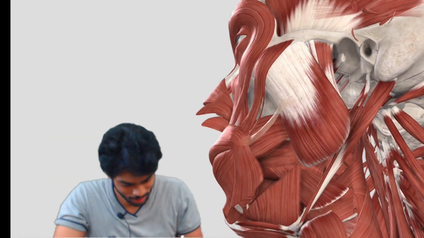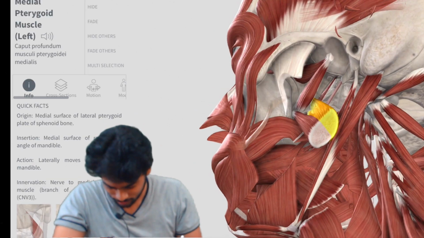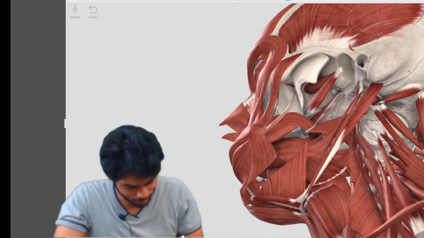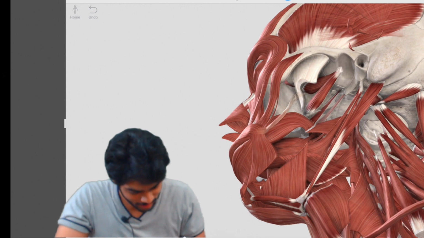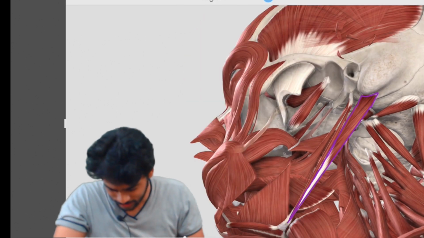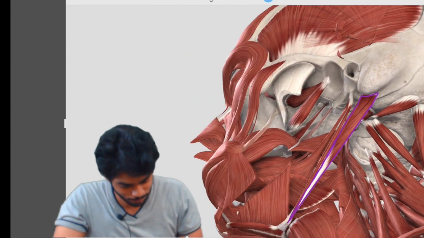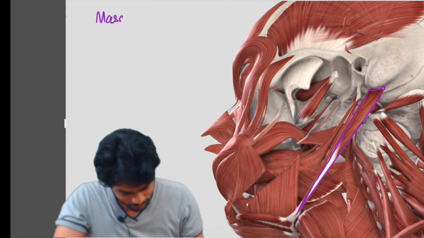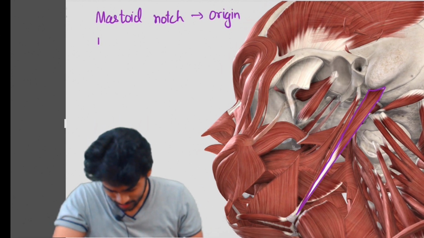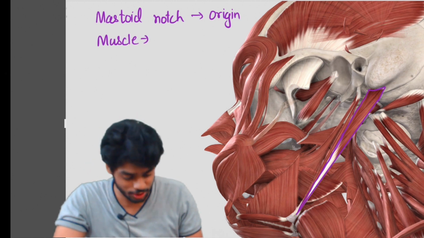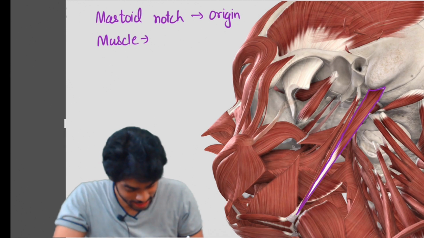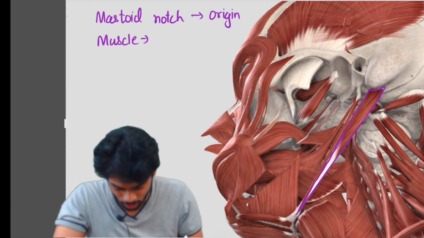And we have one muscle. Let me remove the unnecessary muscles which we don't have to study at this moment. Let me show you this muscle. The muscle underlined with purple color is the posterior belly of digastric muscle. I will show where it is attached, where it is inserted. From here it's the origin.